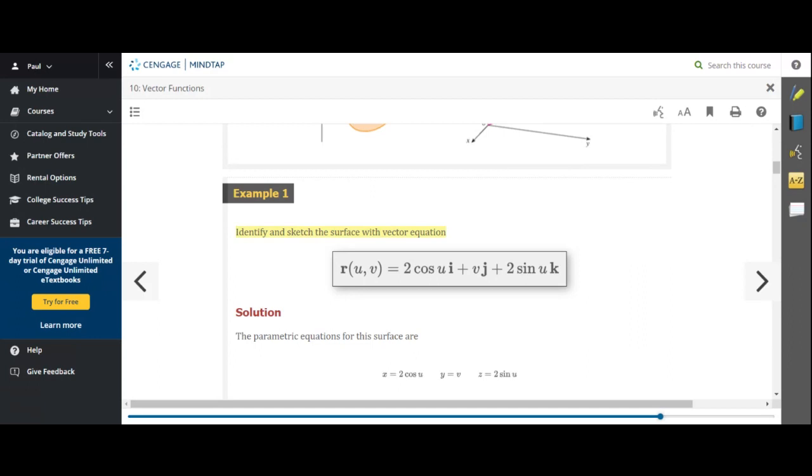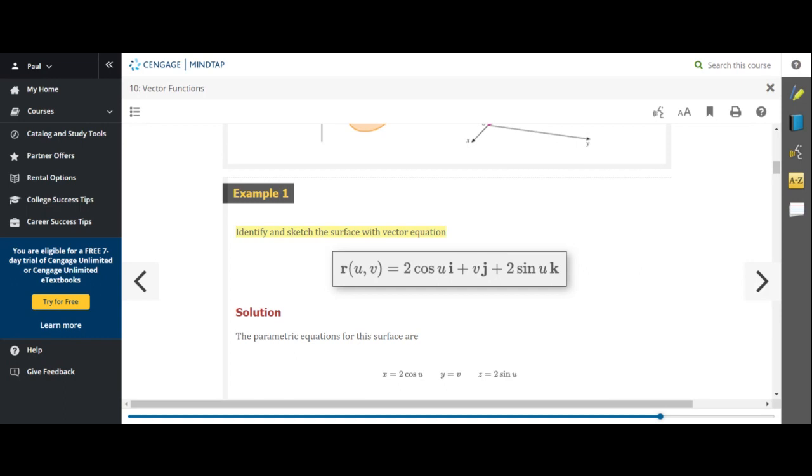Okay, good, Ryan. It's going to produce a circle. Well, Eric, if V were equal to 0, what plane would the circle lie in? It's going to be in the XZ plane.